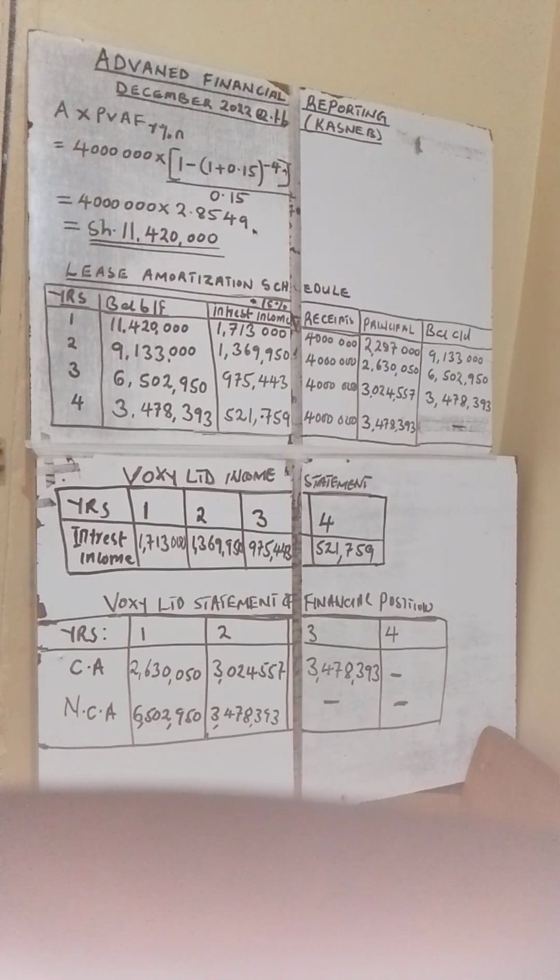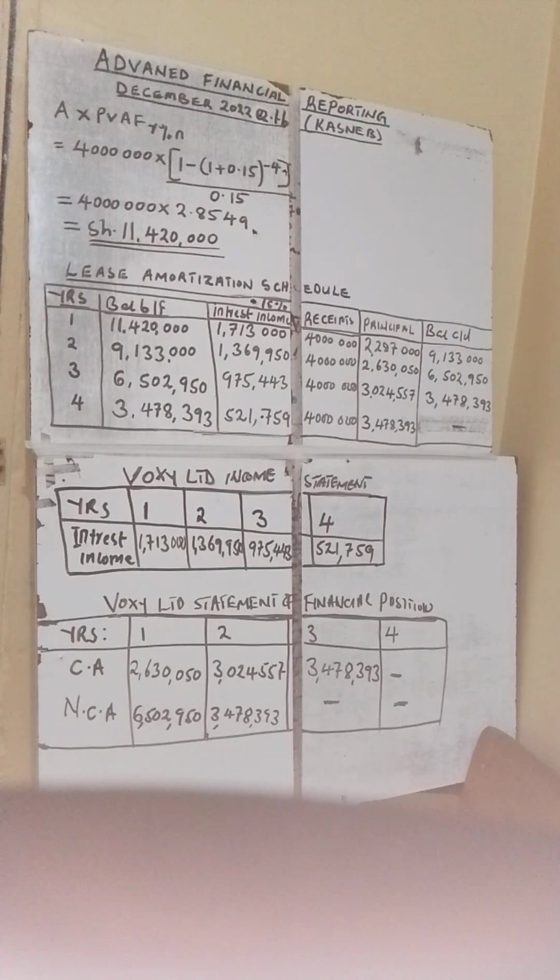Then, any fluctuation, gains or losses will be borne by the lessee. Then, at the inception of the lease, the present value of the minimum lease payments must be approximately above 90%. Now, those are the characteristics of finance lease.